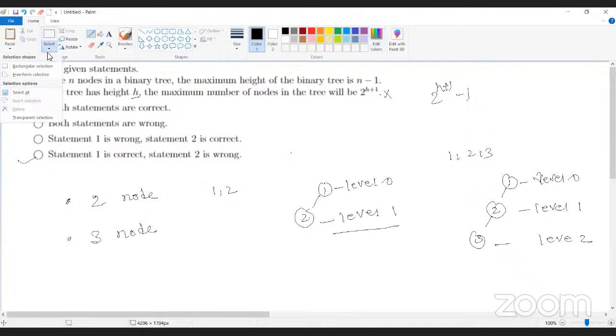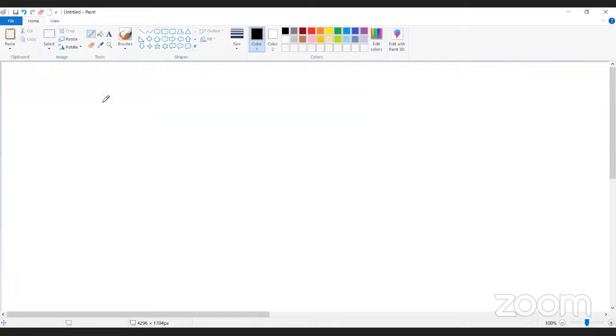The first statement is: the maximum number of nodes at level h of a binary tree is 2 to the power h.